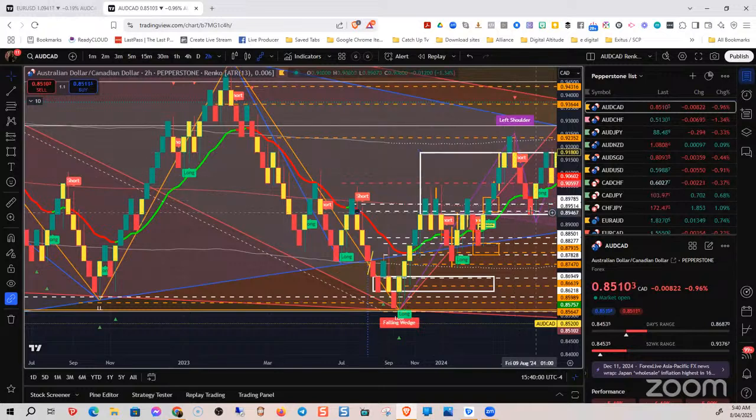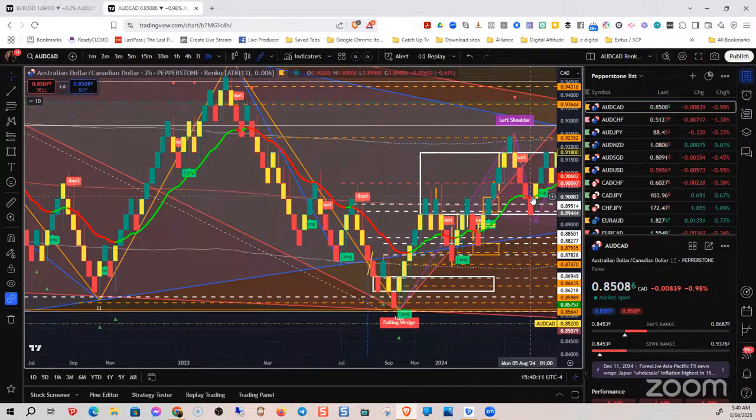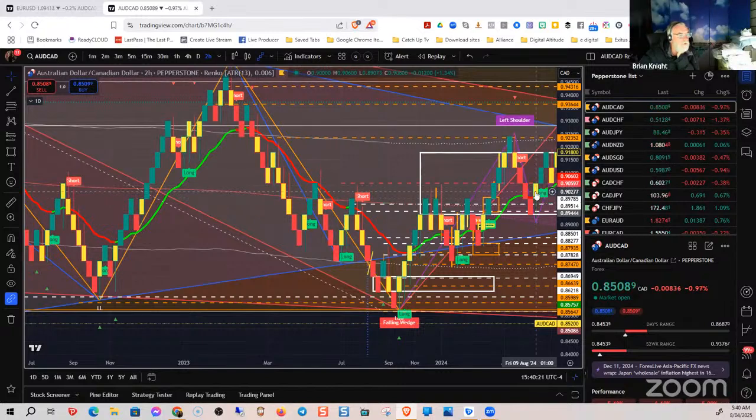This gave you the short. You're in the trade for the short. It came down and turned your trend line red. But you're immediately out of that trade because you got a long candle there and it didn't turn your trend line. So that kept you out of that bad trade.